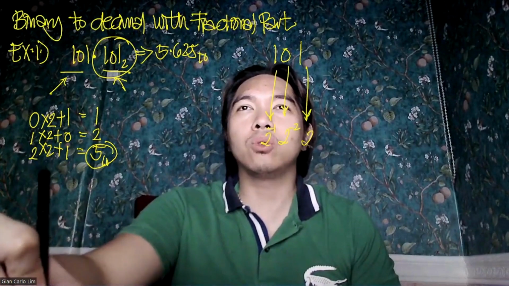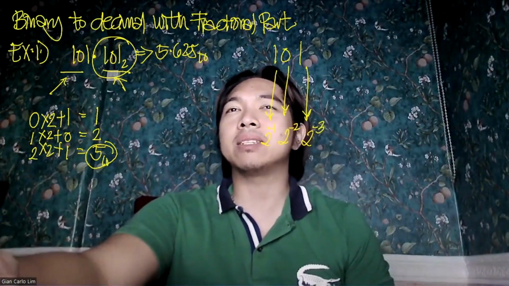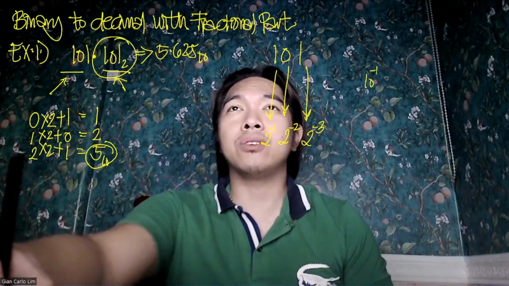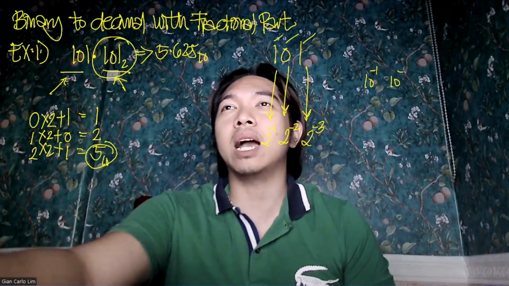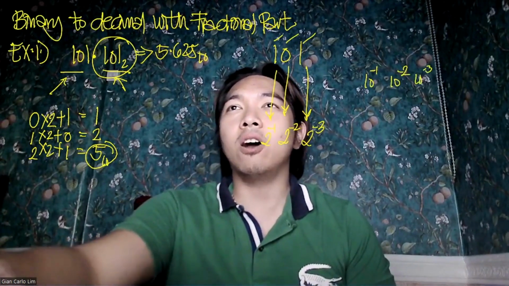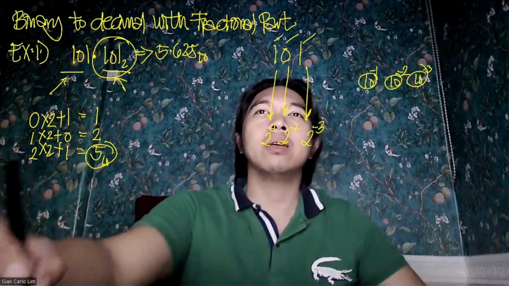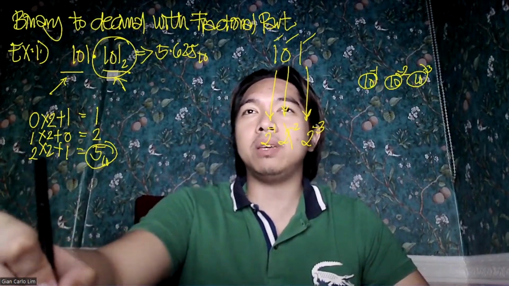At ito ay 2 raised to negative 3. Parang sa decimal number, 10 raised to negative 1, yung tens, hundreds, thousand. So parang ganun din yung gagawin sa kanya. But instead of base 10, we will use base 2.